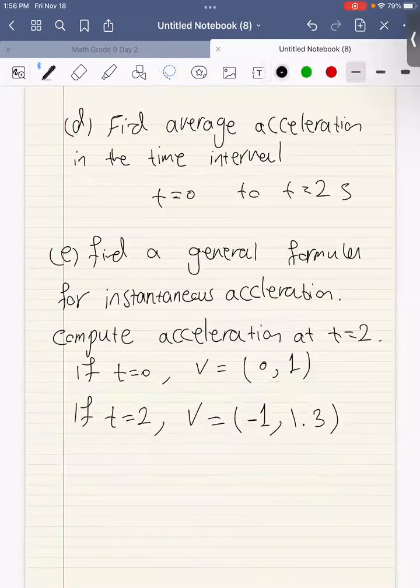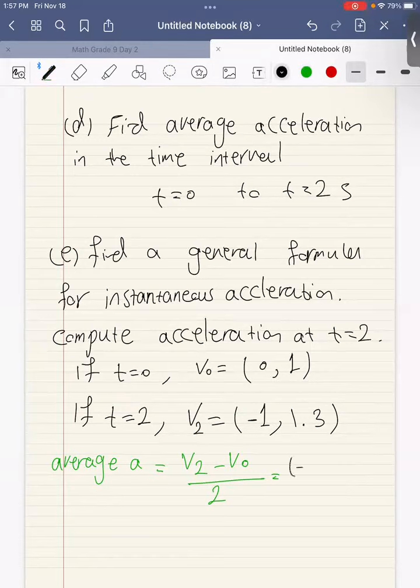So the average acceleration, I just say average a, is equal to v2 minus v0 over 2. So say this is v0, this is v2. v2 is minus 1 and 1.3.